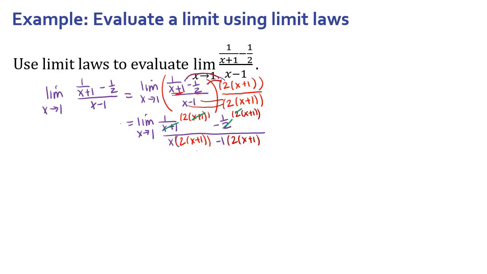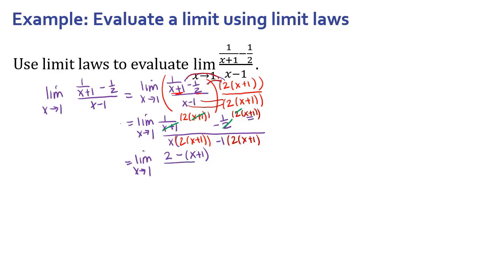So when I do that, I'm going to be left with the limit as x approaches 1. In the numerator, I'm going to have 2 is what that first term becomes. The second term becomes minus that quantity x plus 1. Remember, we're subtracting this whole thing.